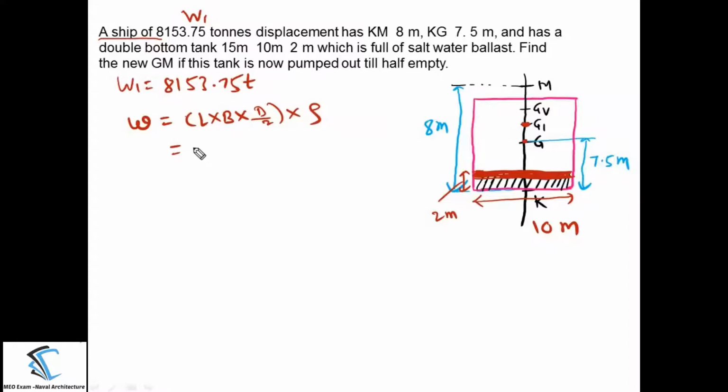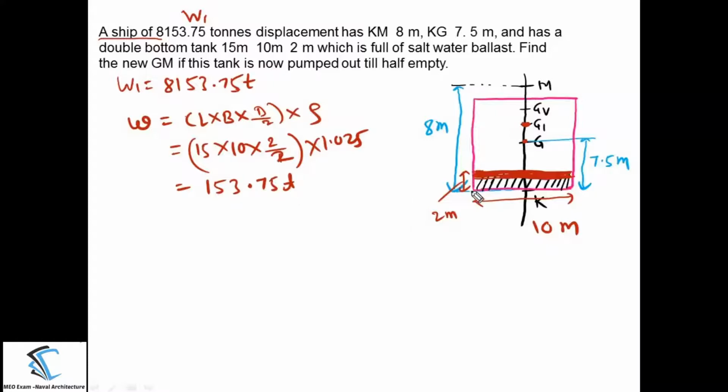So it will be, length is 15 meter, beam is 10 meter and the depth 2 by 2, into 1.025. Like this you can calculate the weight of the liquid which is pumped out, it is coming 153.75 tons.